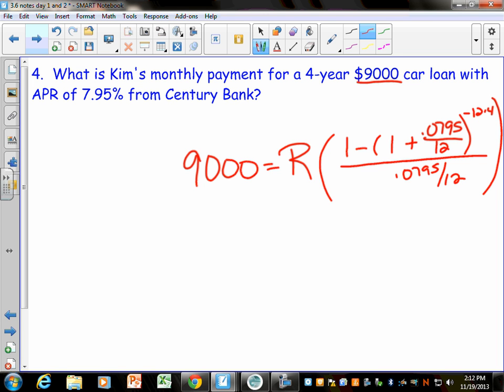I'll do the top first. 1 minus 1 plus 0.0795 divided by 12. And I'm just going to raise that to the negative 48 power. You should get like 0.271 on the top. You did this whole thing on the top?